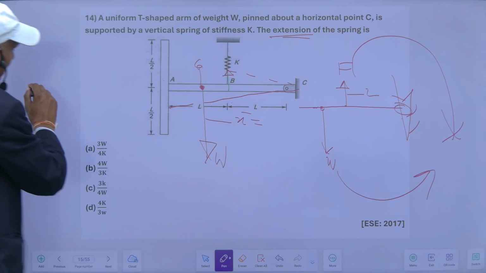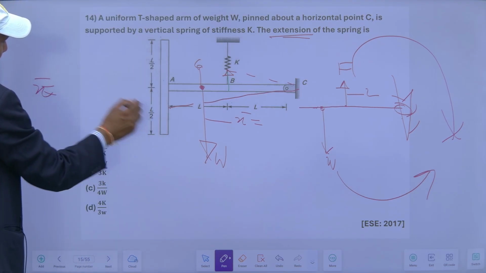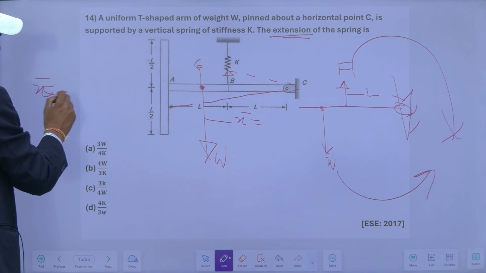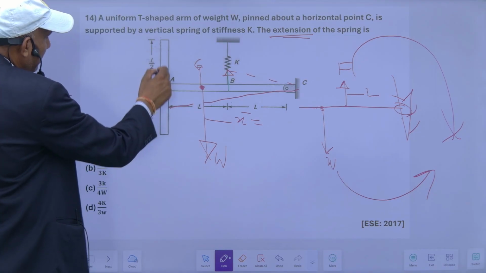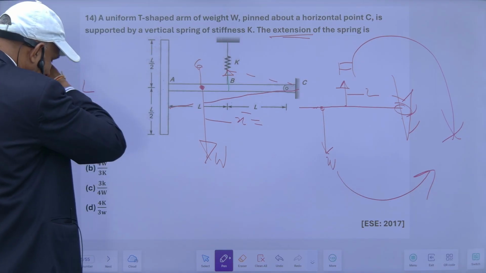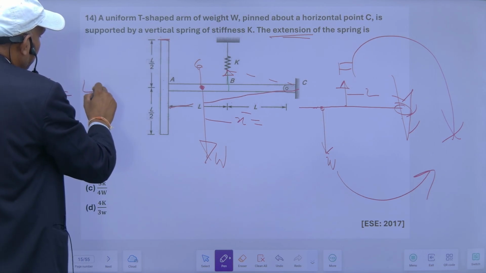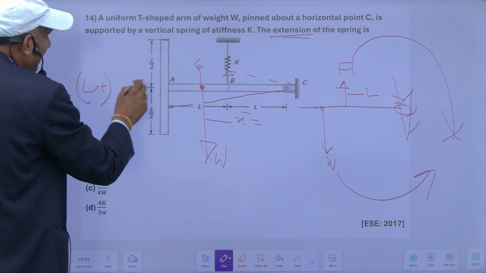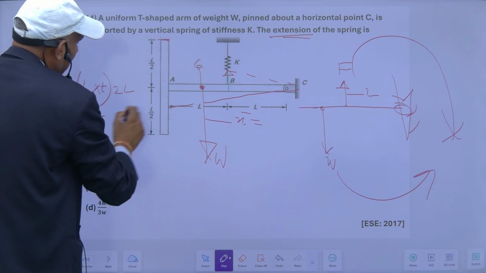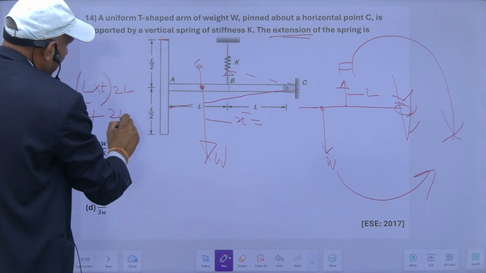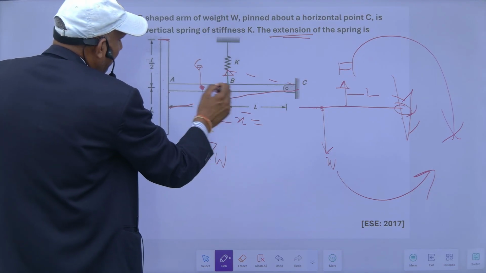So this x bar will be equal to the area of this one, which is total L, this will be L by 2, into its thickness. This is the area. It will act at 2L, plus this will be 2L into its thickness, and it will act at half of this one.